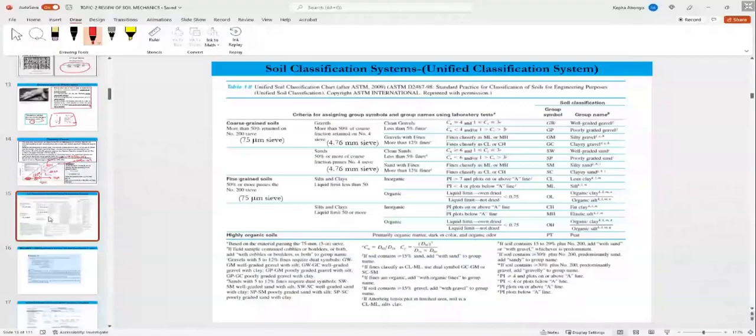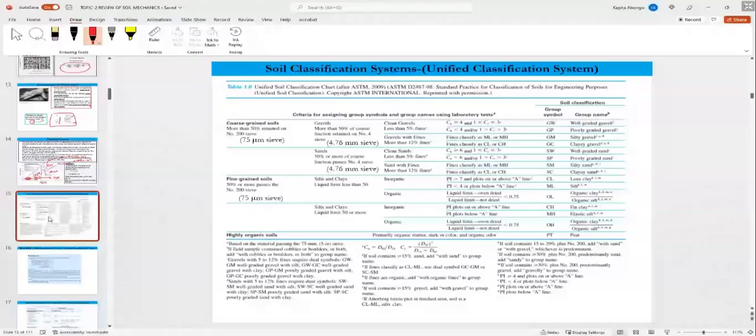For the unified classification system, remember with the 75 micrometer sieve, anything that passes it is clay or silt, fine grained. Anything that is retained on the 75 micrometer sieve is either gravel or sand.